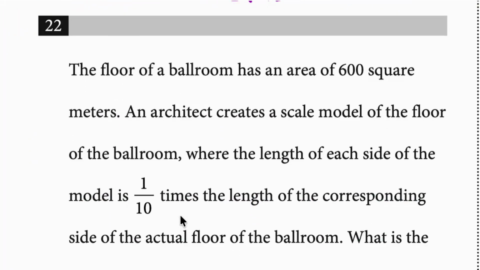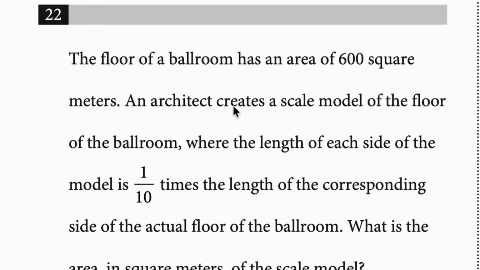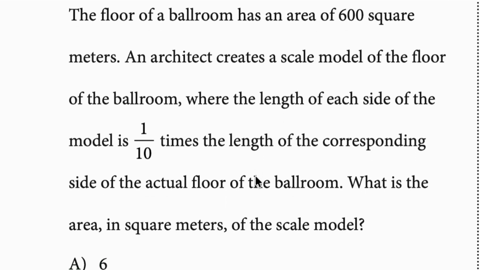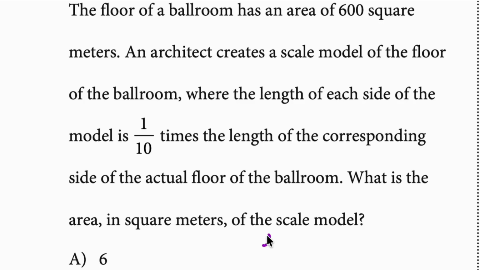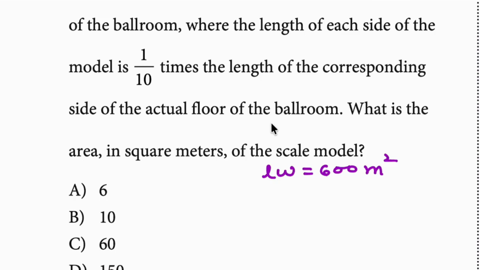Okay, question number 22. The floor of a ballroom has an area of 600 square meters. So it may be a square or it may be a rectangle. So that means length times width is 600 square meters. An architect creates a scale model of the floor of the ballroom where the length of each side of the model is 1/10 of the length of the corresponding side of the actual floor of the ballroom.